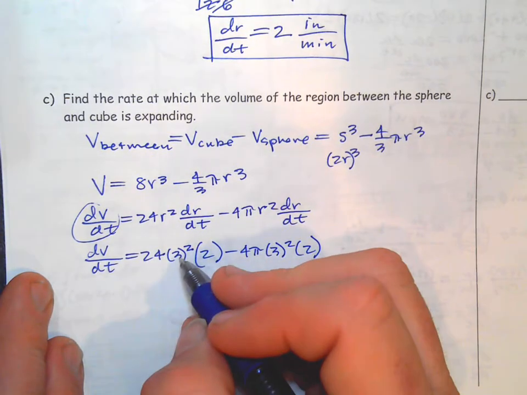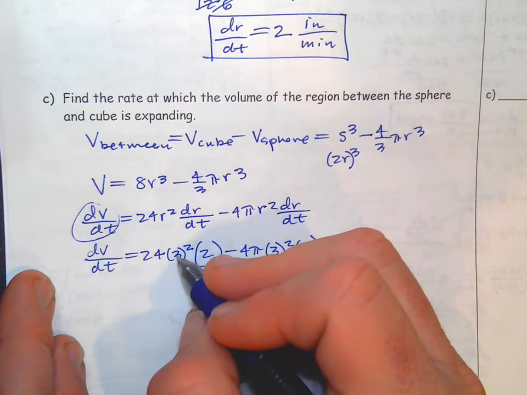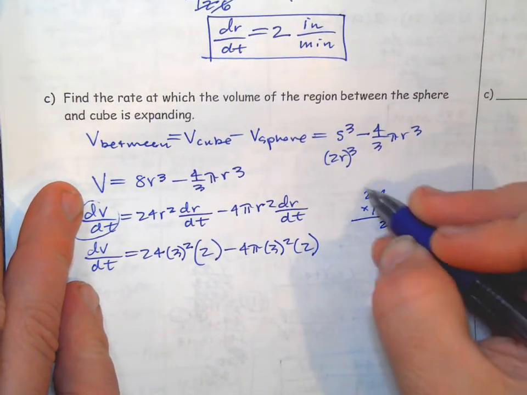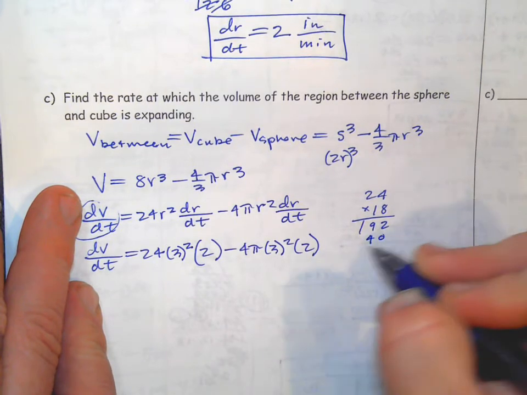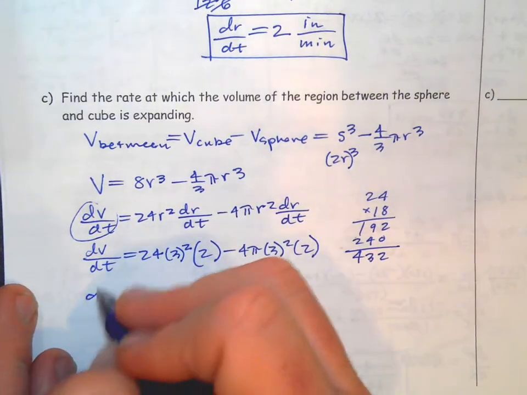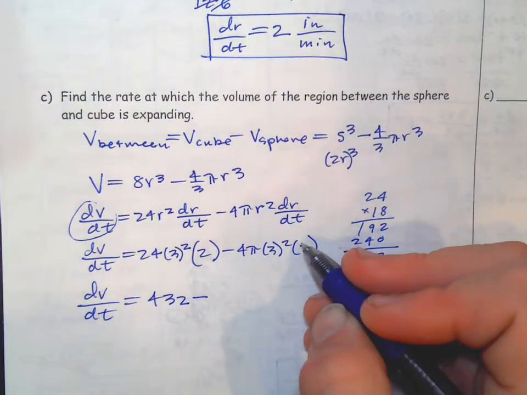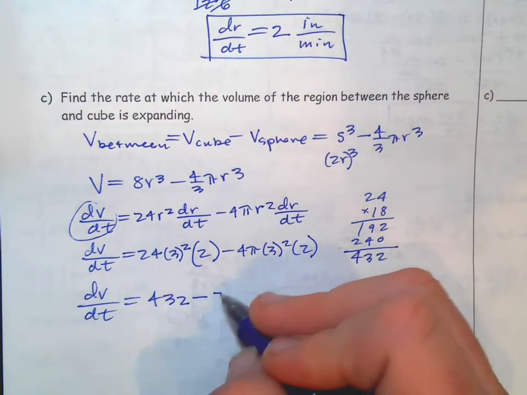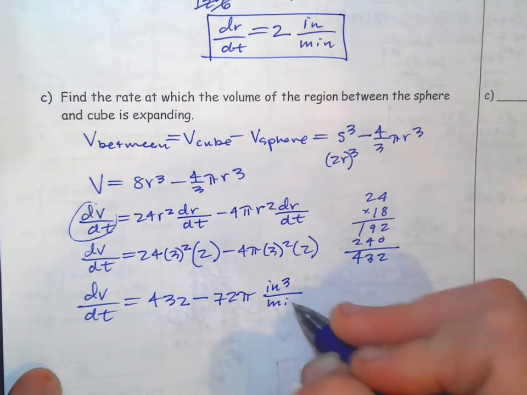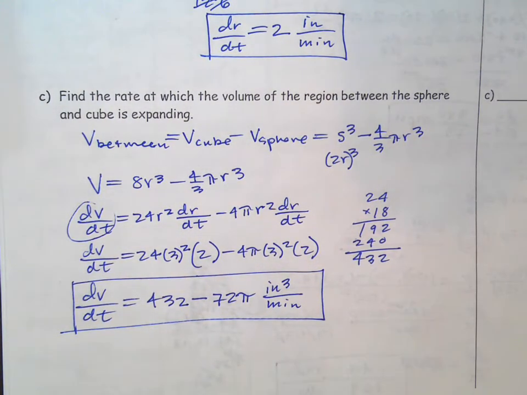So we're going to clean this up. 9 times 2 is 18, times 24 is 432. Minus 9 times 4 is 36, times 2 is 72 pi. So 72 pi cubic inches per minute. There we go. All right.